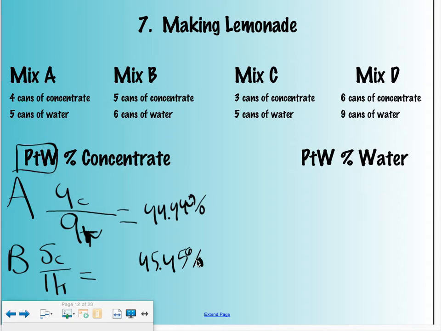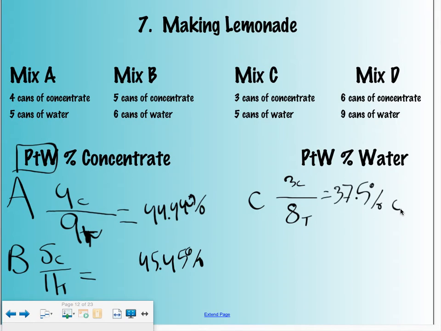So 5 concentrate over 11 total gives us 45.45%, and that's percent concentrate because we're comparing concentrate to total. If we wanted to do C, it would be 3 concentrate over how much total? 8 total. And if you divide those and multiply through, you get 37.5%, and again, that would be percent concentrate.